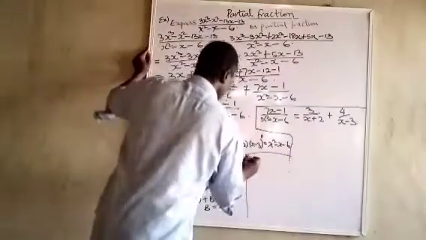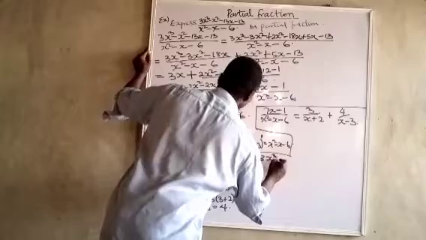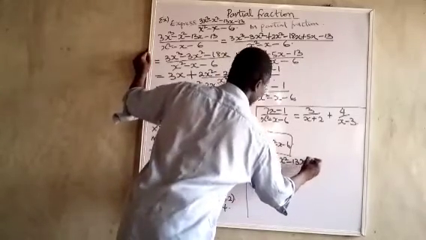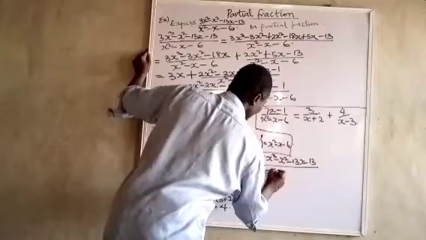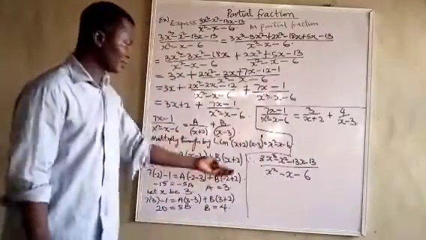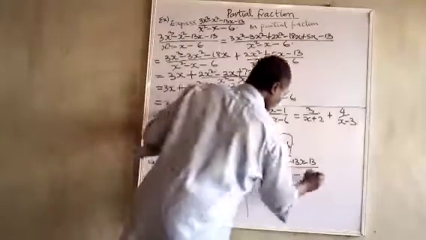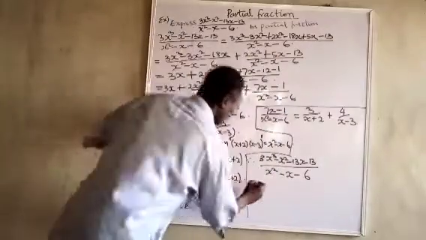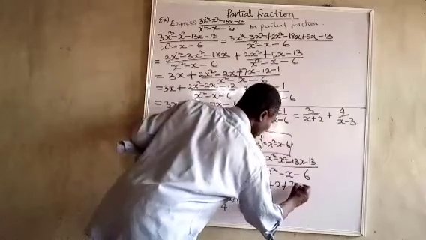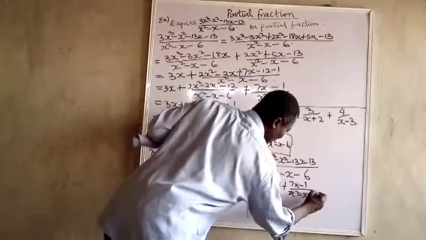Therefore, 3x cubed minus x squared minus 13x minus 13 over x squared minus x minus 6, please check, this initial expression will be equal to this 3x plus 2 plus 7x minus 1 over x squared minus x minus 6.